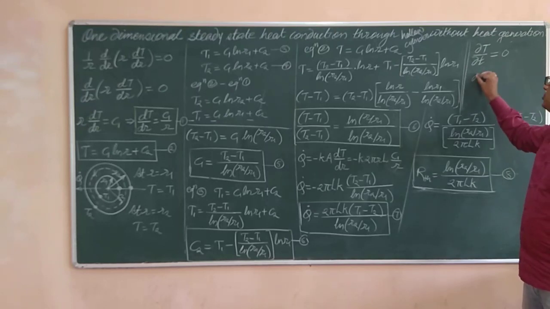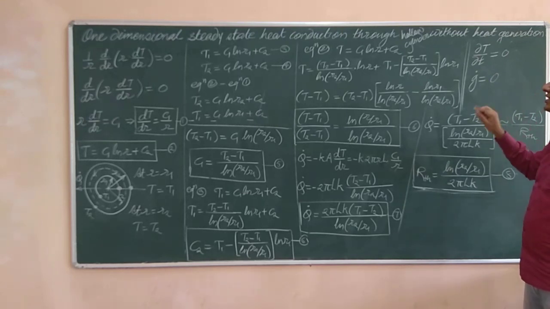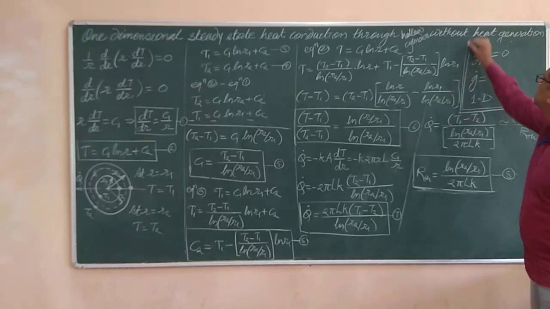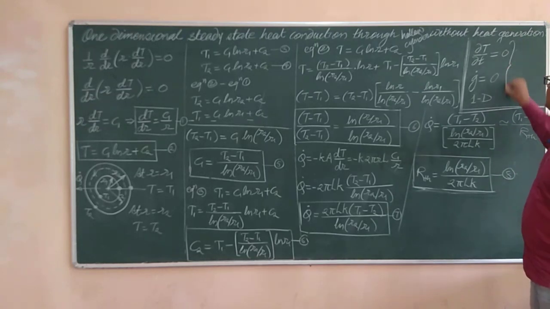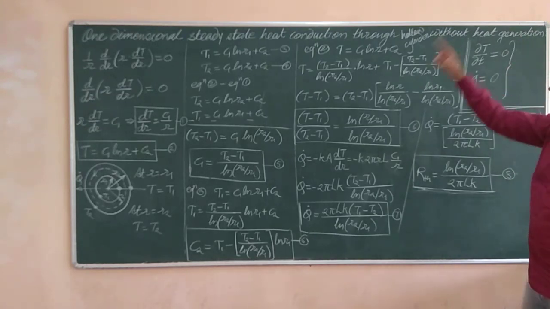Second, G dot, the internal heat generation per unit volume, is also equal to 0. And third condition is that this is totally one dimensional heat flow. Under these conditions only, we have derived the entire expression.